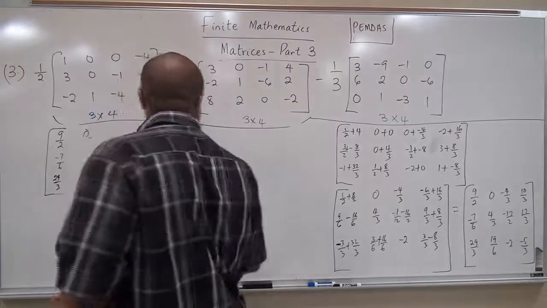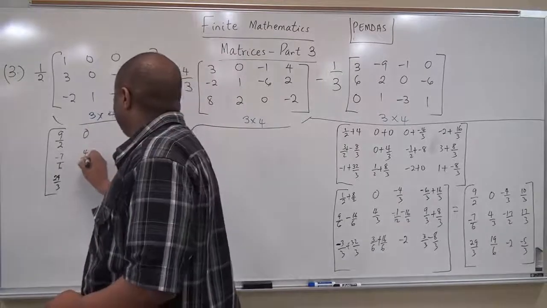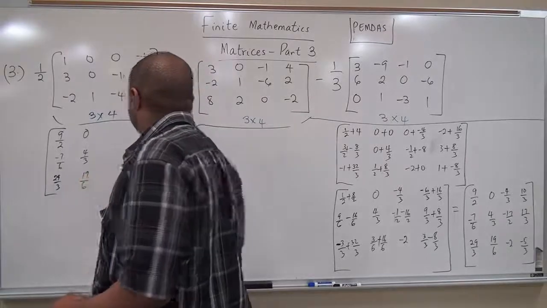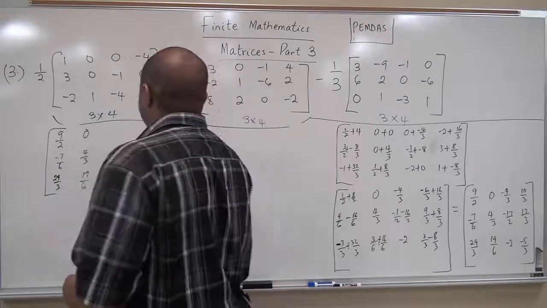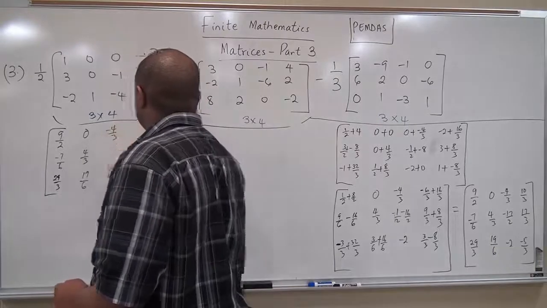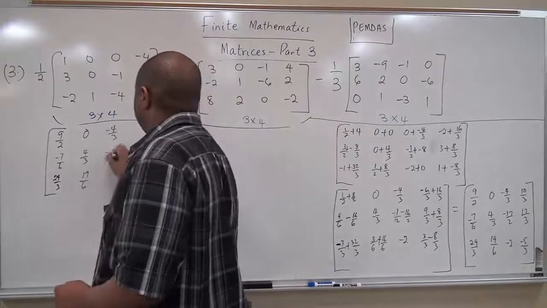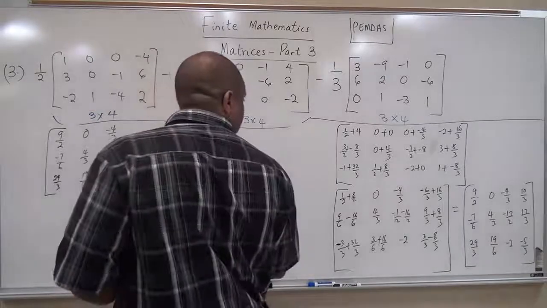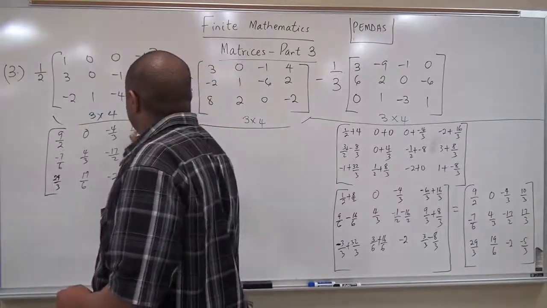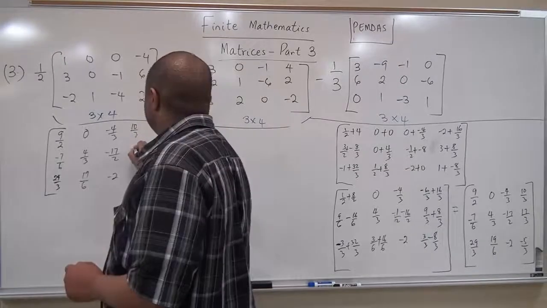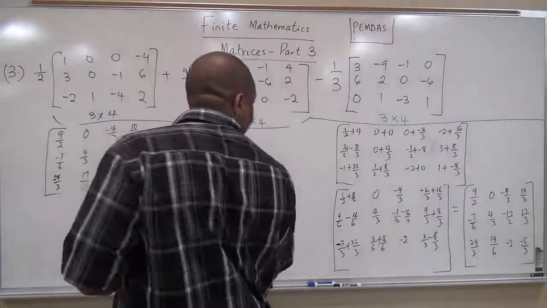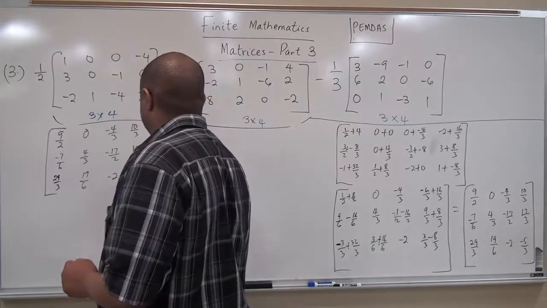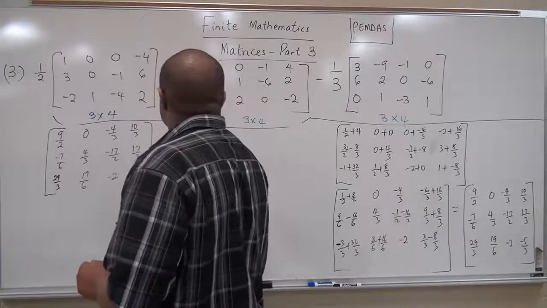I'm calling it by column. 4 over 3, 19 over 6, negative 4 over 3, negative 17 over 2, negative 2, 10 over 3, 17 over 3, negative 5 over 3. Okay, this is minus.